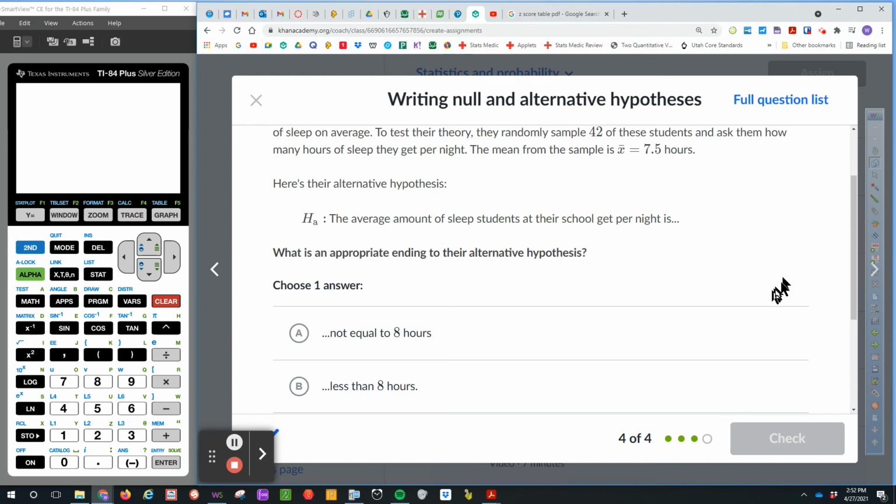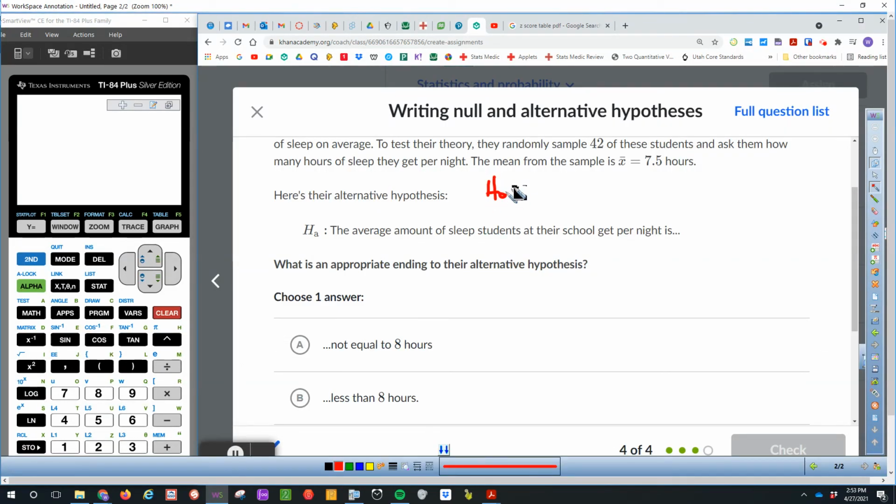So your null hypothesis will be that the average amount of sleep, the mean, is equal to 8. So that's the claim. At least 8.